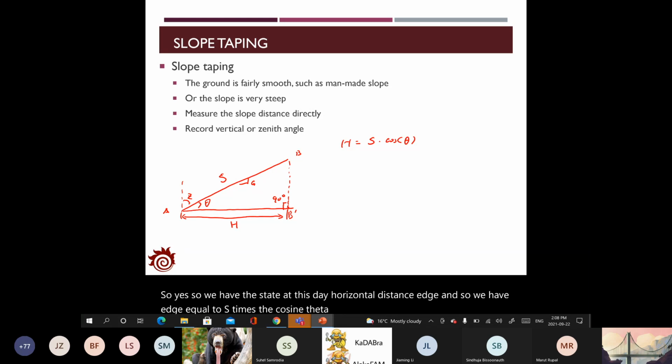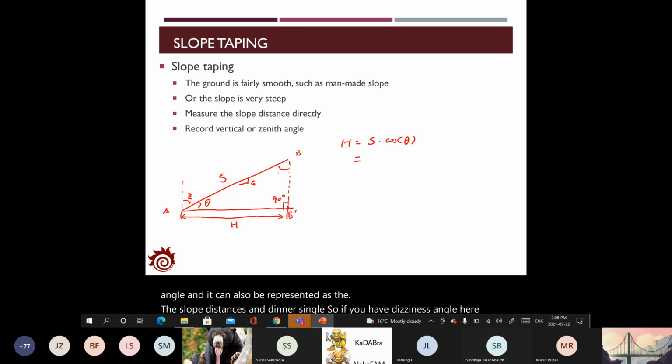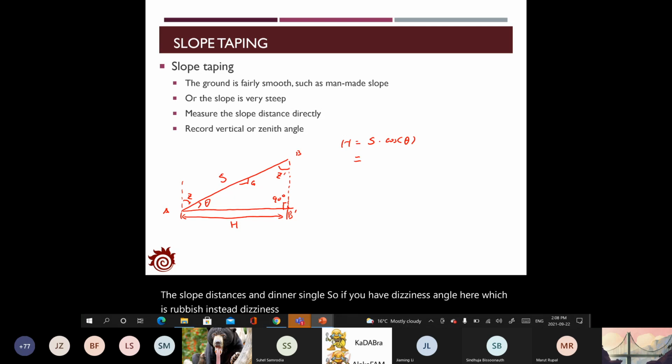So remember here theta is the vertical angle, and it can also be represented using the slope distance and zenith angle. If you have the zenith angle here, which is the angle from AB to B prime, we have the value of the horizontal distance as S times sine zenith angle.